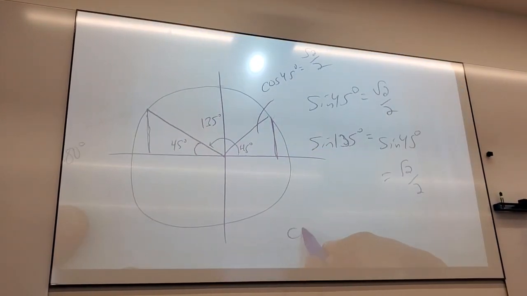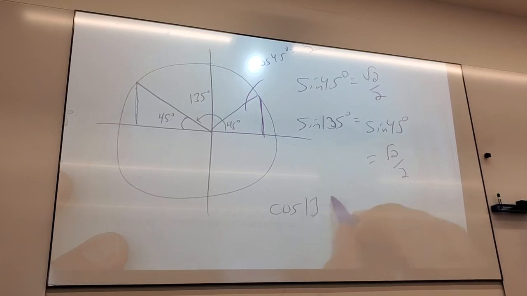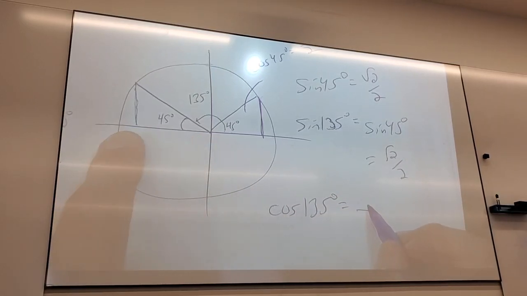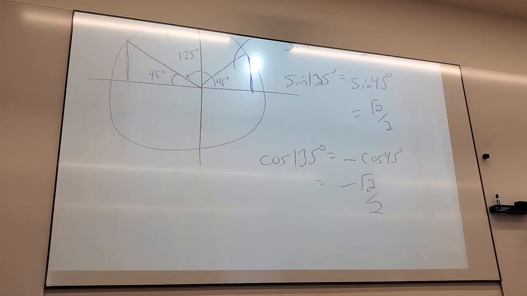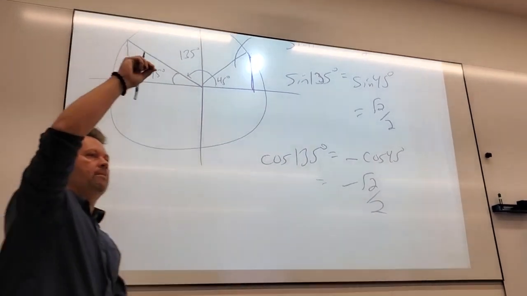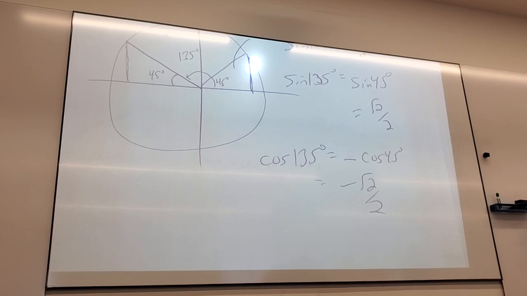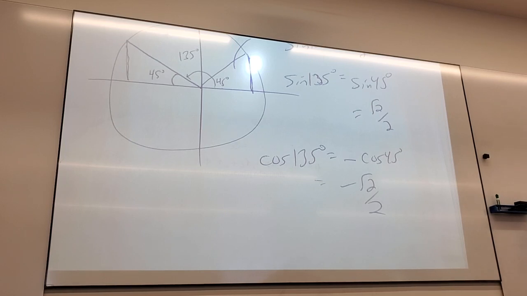So the cosine of 135 degrees would be negative cosine 45 degrees, so it's negative rad 2 over 2. So what ends up happening in every single quadrant, you already know, you've memorized the number part, you just have to figure out is it positive or negative. And that's where sine likes y, cosine likes x really comes in handy.